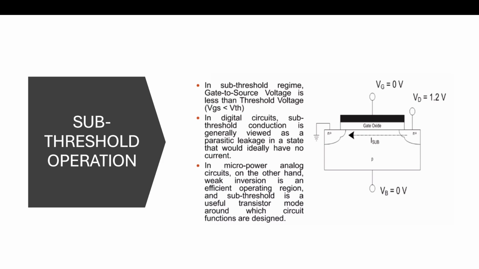And how do you achieve the sub-threshold region? Basically the design parameter that I already told. If you decrease your channel length, then you can operate your circuit in the sub-threshold region, where your current is very low. And that current is also dependent on the temperature variation.